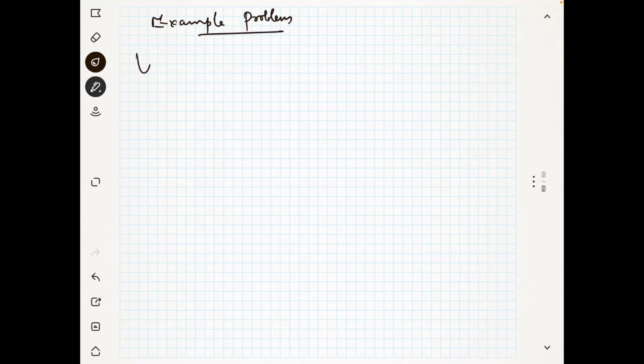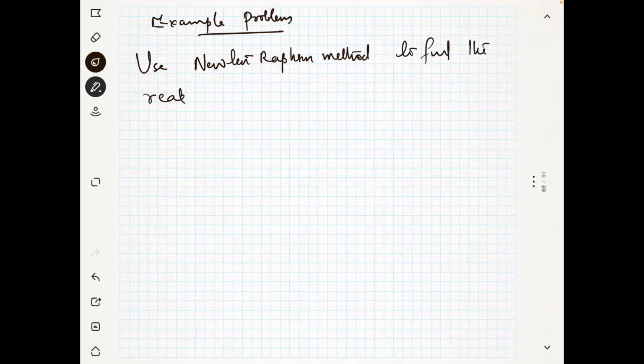Okay, use the Newton-Raphson method to find the real root near 2.